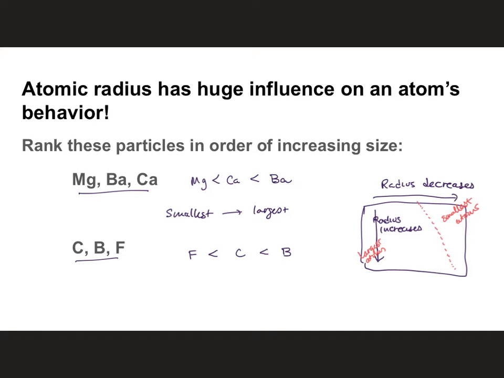So there you have my answers for this. You notice that these first 3 are all in group 2, and so they increase in size from top to bottom. These 3 are all in period 2, and so they decrease in size as you go from left to right.